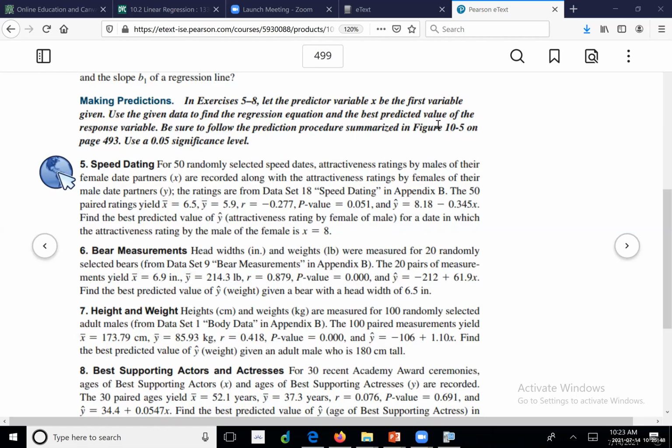I want to know if you have an idea of having correlation or not. Do you see correlation here? Send me your answers through chat. I see some coming.